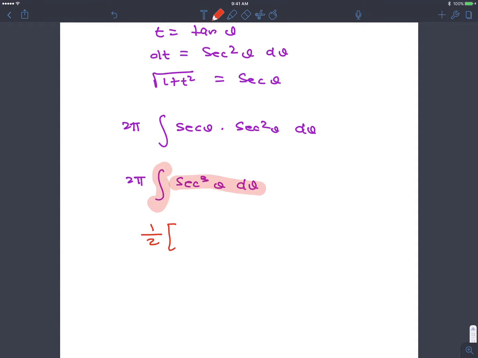What is that integral? 1/2 secant theta tangent theta. Is that true? Plus natural log absolute value secant theta plus tangent theta. Double check because I'm not really awake. Right? You guys okay with that one?